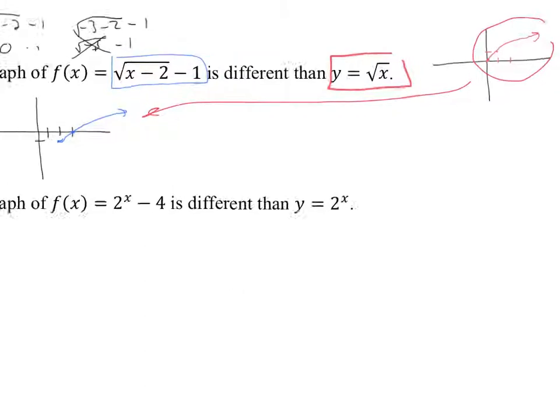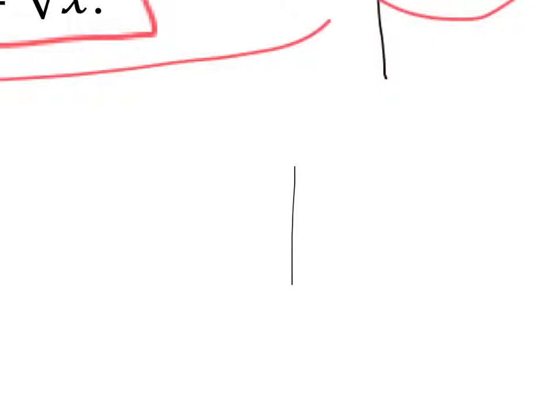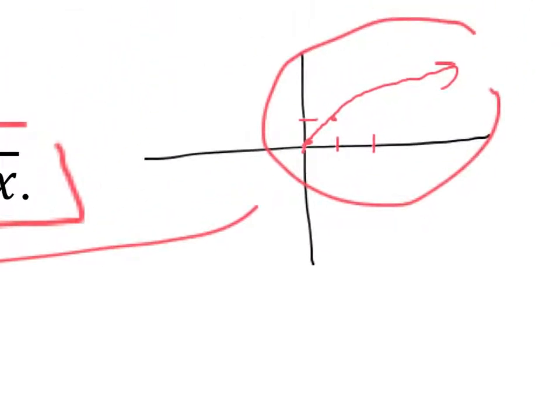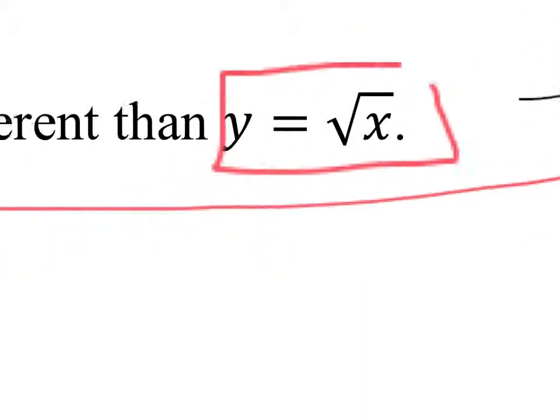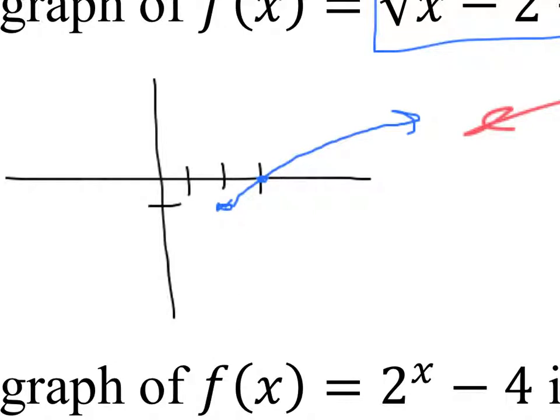So if I look at this one right here, it's supposed to start at 0, 0. But in the one we're looking at, it doesn't start at 0, 0. It starts right here, which seems to be, instead of here, it went 2 units to the right and down 1, and then it recreated itself.